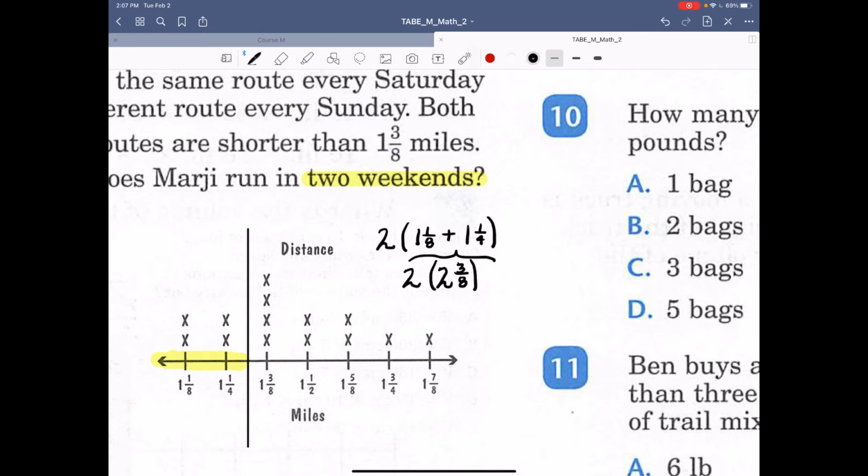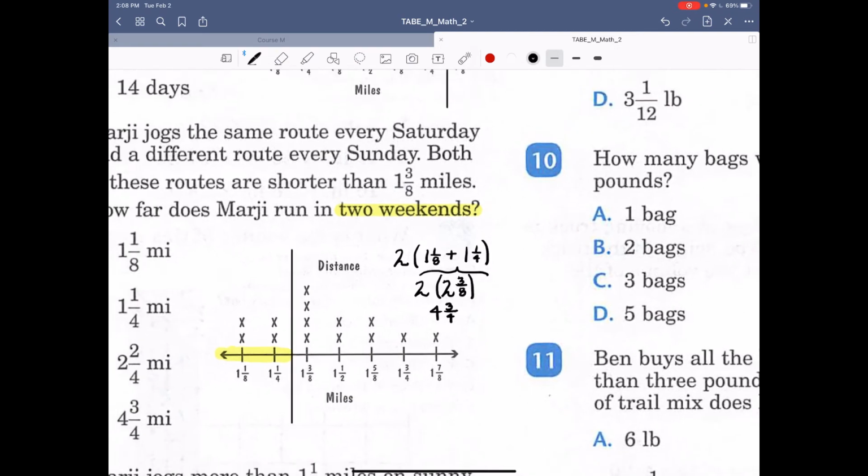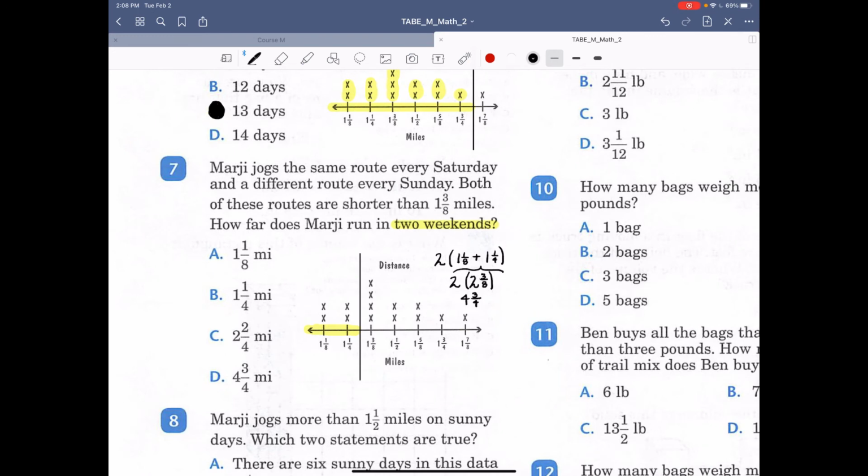Bring down this 2 and multiply it. And that will give you 4 3/4. So on those 2 weekends together, she jogs 4 3/4 miles.